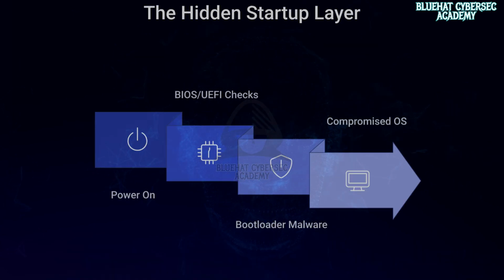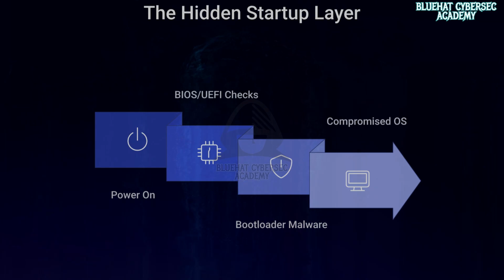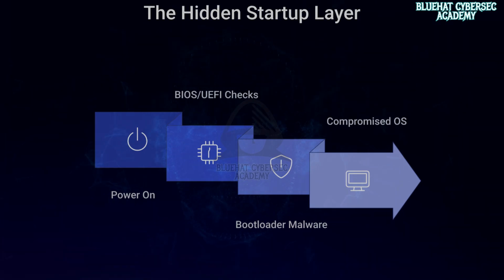To understand why bootloader malware is so dangerous, you need to understand what happens during system startup. When you press the power button, your hardware first runs firmware instructions stored in the BIOS or UEFI. These instructions decide which device to boot from and which bootloader to trust. Bootloader malware targets this exact moment of trust.